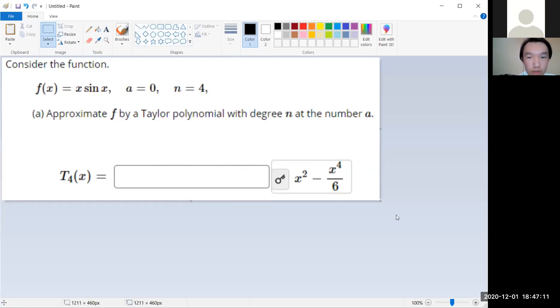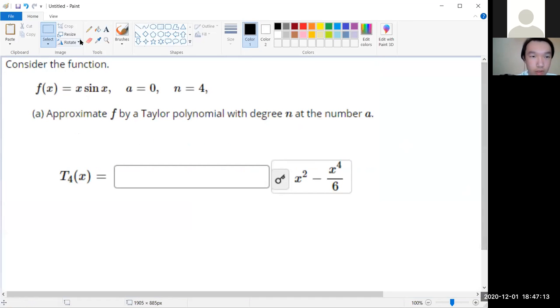This one says, consider the function f of x equals x sine of x. I am considering that function.